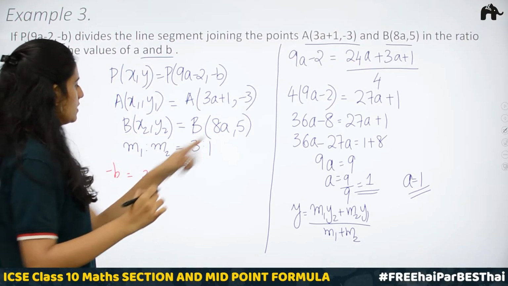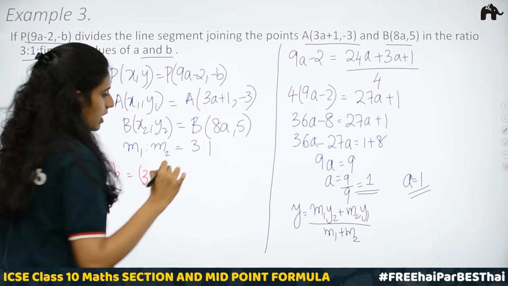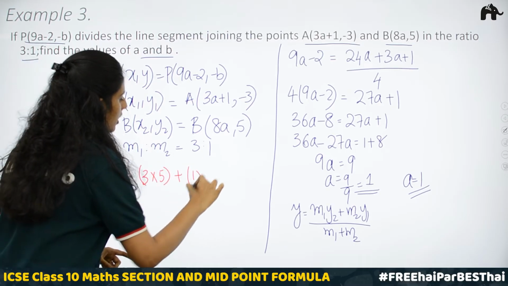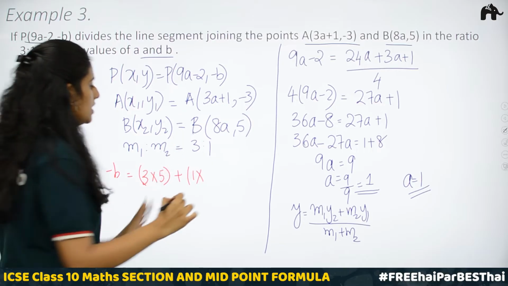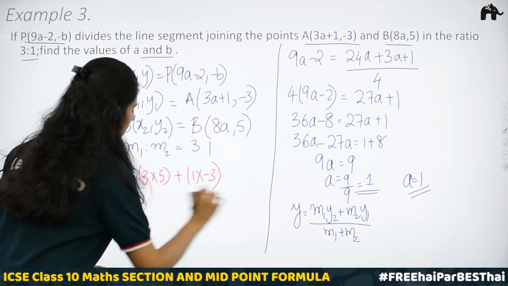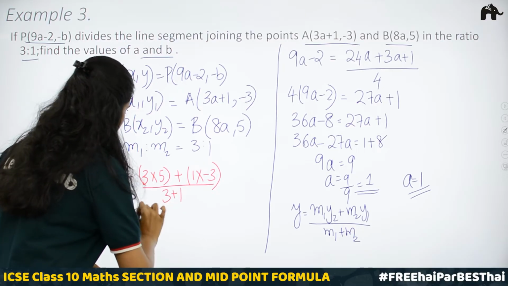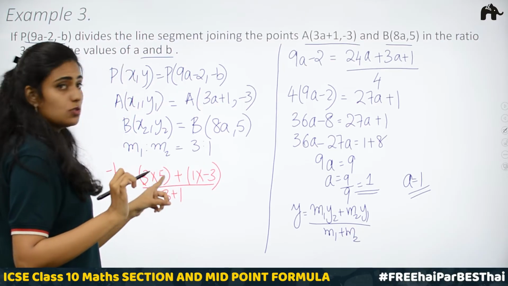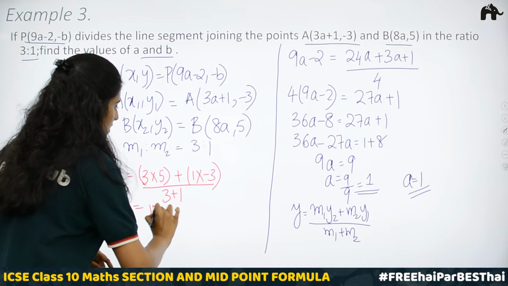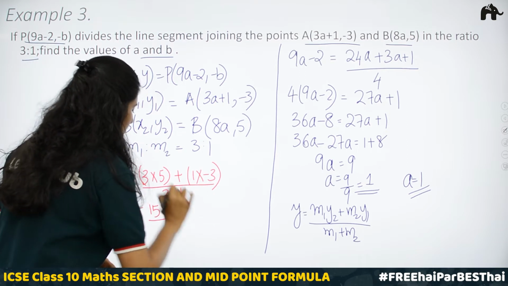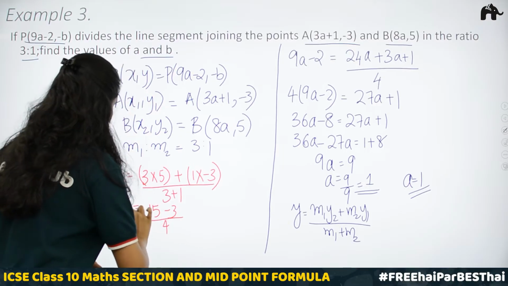Here y2 is 5. m1 y2 plus m2 y1, m2 is 1 into y1 is minus 3, divided by m1 plus m2, 3 plus 1. That is equal to 3 into 5, 15, plus 1 into minus 3, divided by 4, which is minus b.